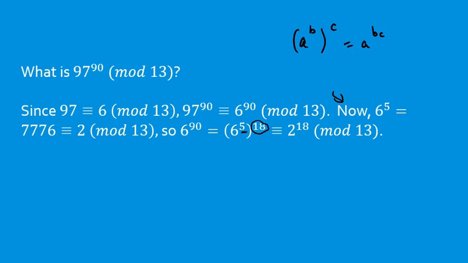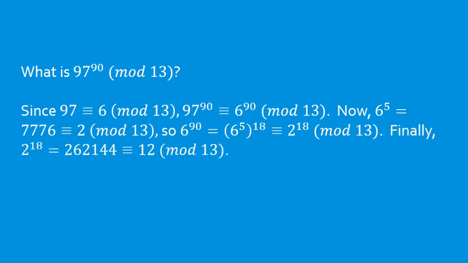But we see here, we have 6 to the 90 is congruent to 2 to the 18th mod 13. 2 to the 18th is a small enough number where we can plug this into our calculator and get the full thing for it. 2 to the 18th is 262,144.